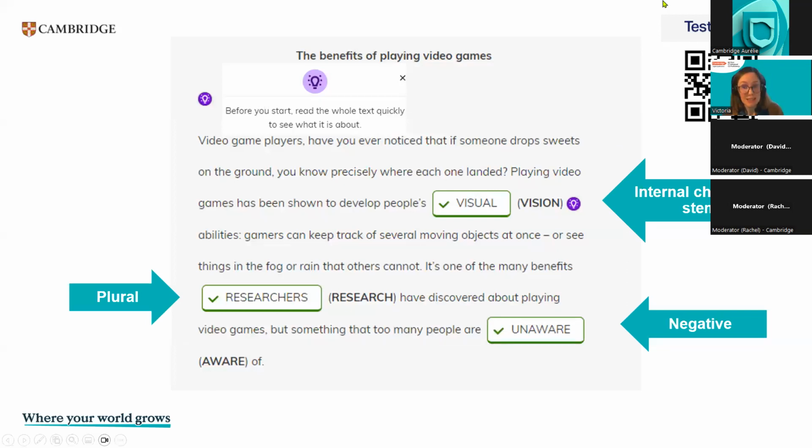So these are just some examples of the type of changes that you may need to make to the different words. And then, as I said, super important to read everything quickly to make sure that you understand the text, that the text flows, and that it makes sense.